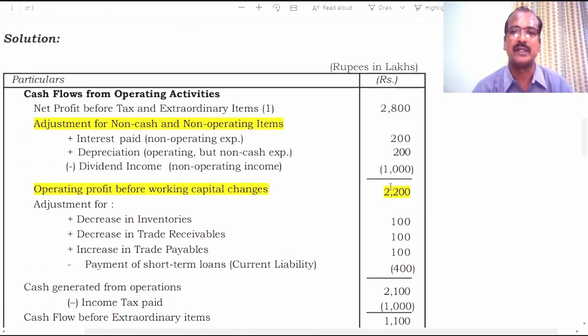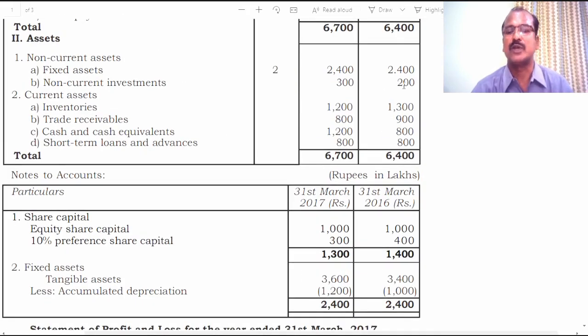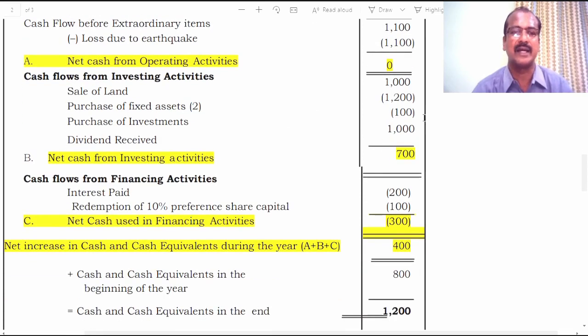Let's have a look at the investments presented here. See, non-current investment. It was 200 in the year beginning. It is 300 at the year end. Therefore, they would have purchased the investment for a value of 100 lakh rupees, which is a cash outflow through investing activity, and that is recorded here. And finally, dividend received.